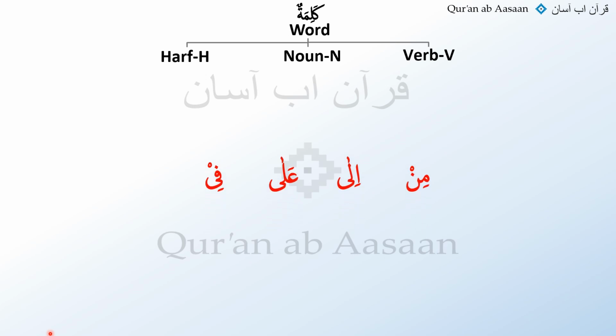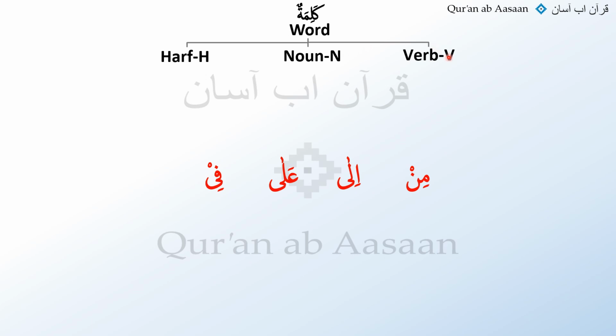So looking at these words, we have just revised all the indicators of the noun. I'm sure all of us can confidently agree that we don't have any indicators of the noun for these words, right? No al at the beginning, no tanween at the end, no ending sounds, not the names. So we can confidently eliminate the option of noun.